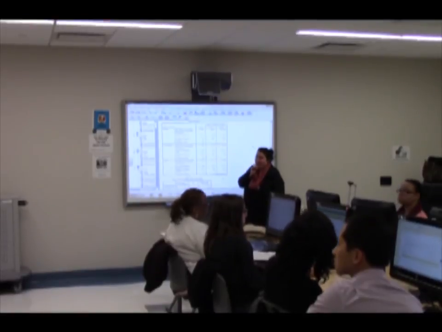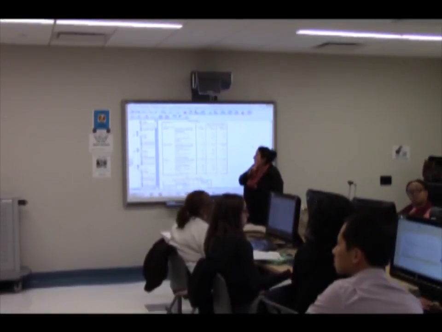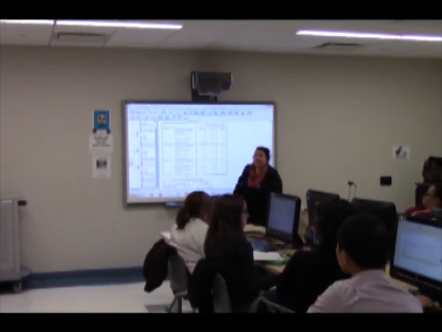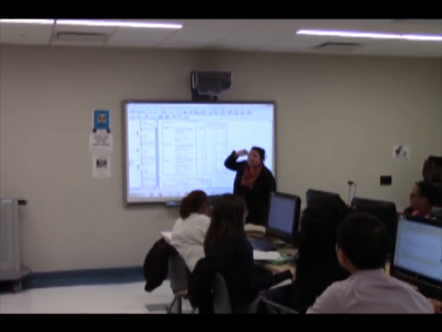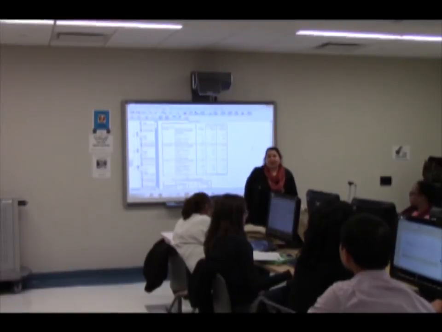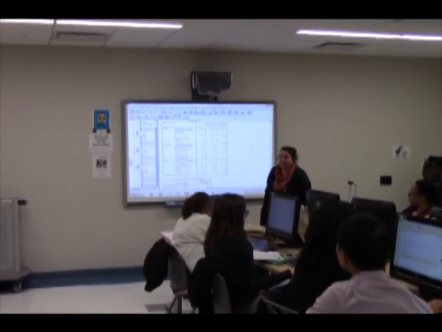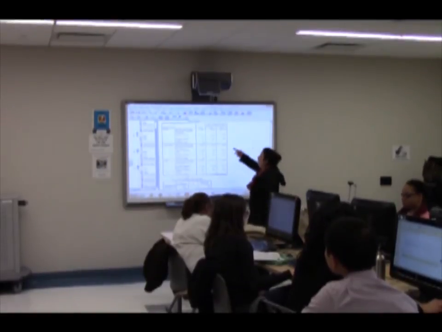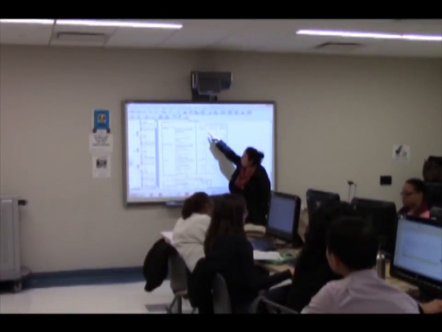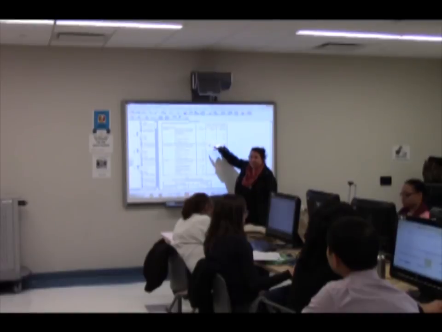So if the numbers were similar, then there would be no effect measure modification. If they're similar to each other, and the Breslow-Day test p-value is greater than 0.05, it's not effect measure modification. Okay? But here, these odds ratios are different from each other.